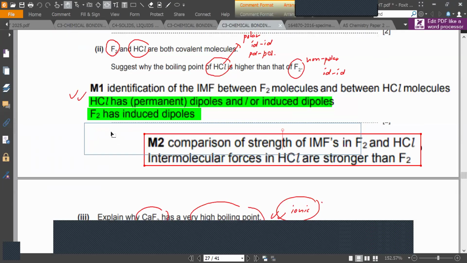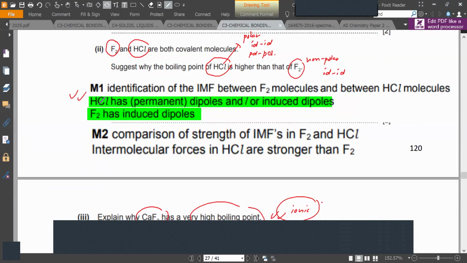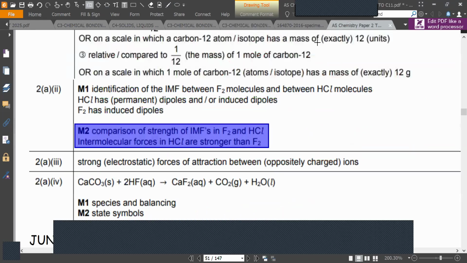We need to say that HCl has permanent dipole and induced dipole, fluorine has induced dipole only, and then that HCl has stronger intermolecular forces. That's why it has a higher boiling point. We need to add that point.